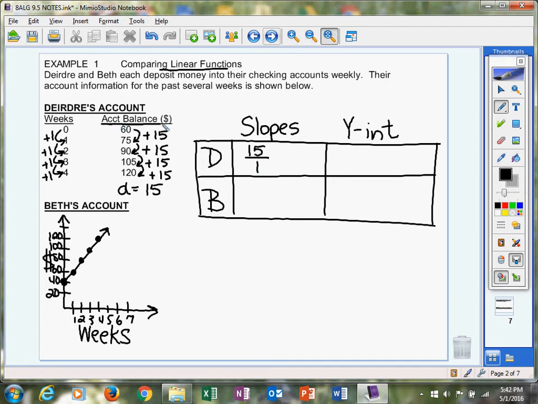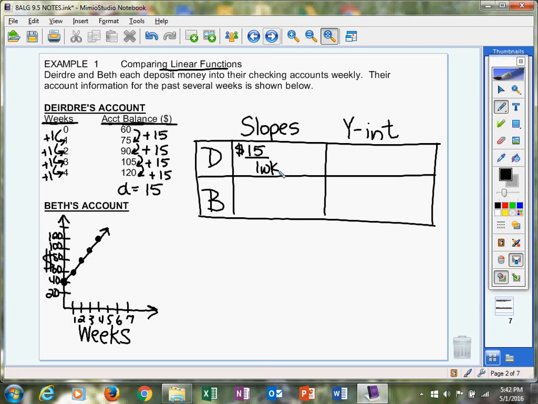What are we measuring? Dollars. That's what 15 means. 15 is a dollar amount. Look at the x. That's weeks. So what do you think $15 per week means? Now hopefully you're going, well, the table indicates that she's putting $15 in every week, and you are interpreting that beautifully. Okay, now let's look at Beth.